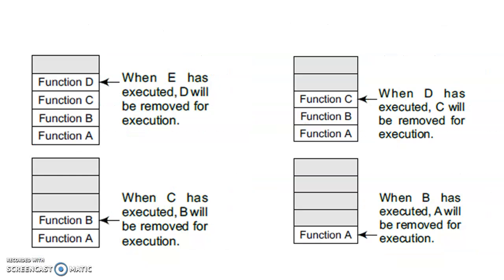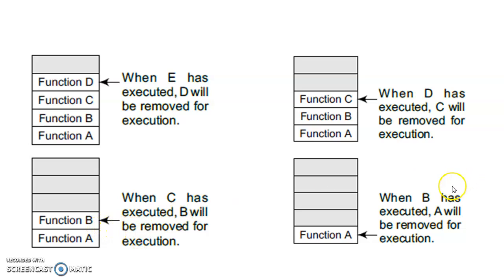Now suppose function E has been executed. Now D, the top of the stack, will be removed from the stack. This is the situation. When function D has completed its execution, function C will be removed from the system stack. When function C has been executed, function B will be popped out of the stack.